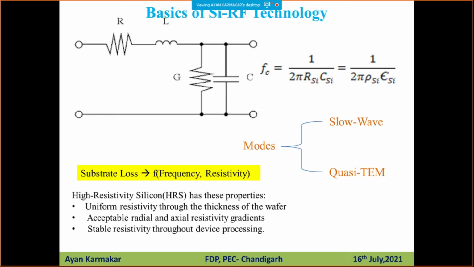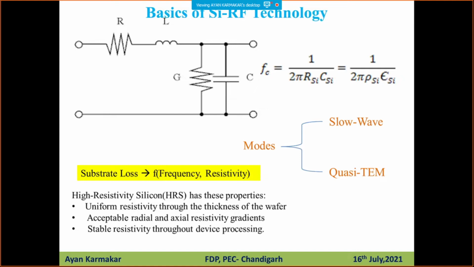If you characterize it, you will find the substrate loss is a function of the frequency as well as the resistivity of the material, because people have found that there are basically two kinds of modes that propagate through silicon substrates. If the resistivity of the silicon is greater than or equal to 4 kilo ohm centimeter, then it is known as a high resistive substrate.